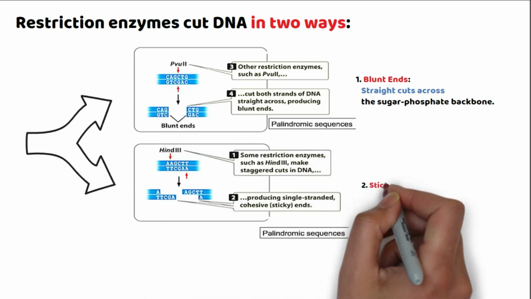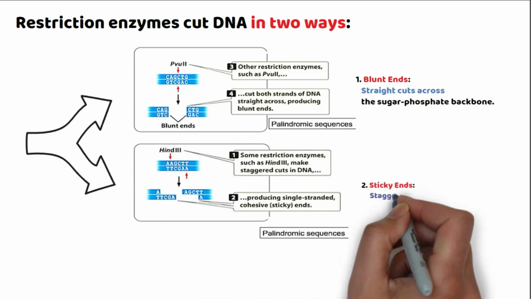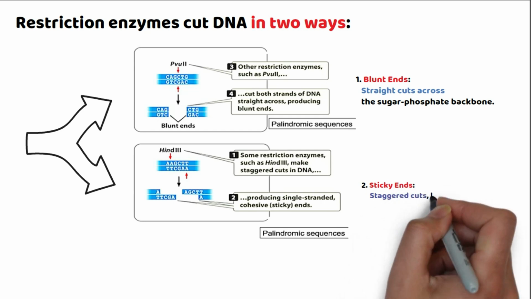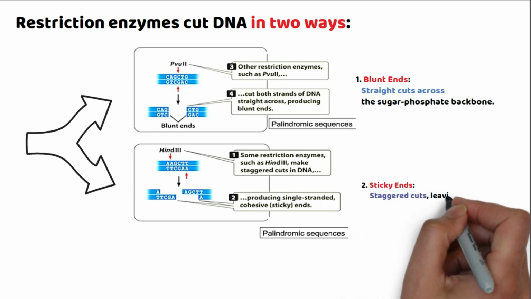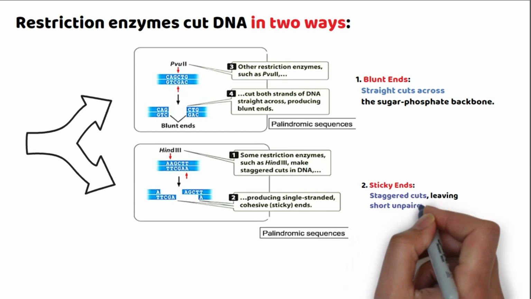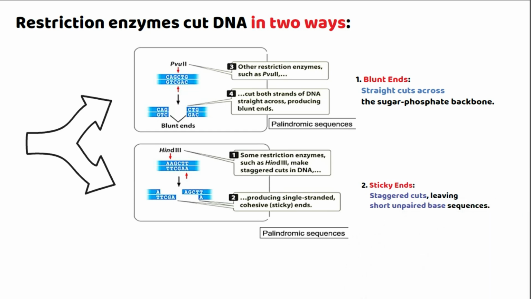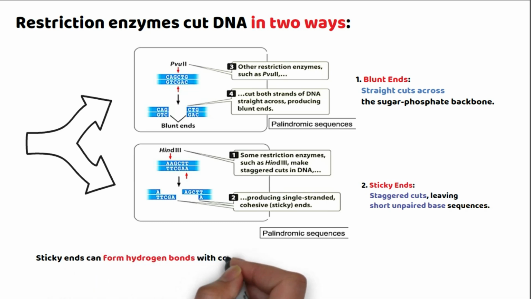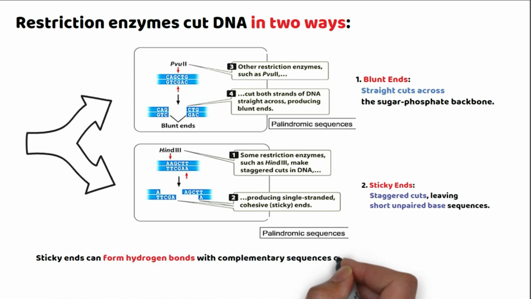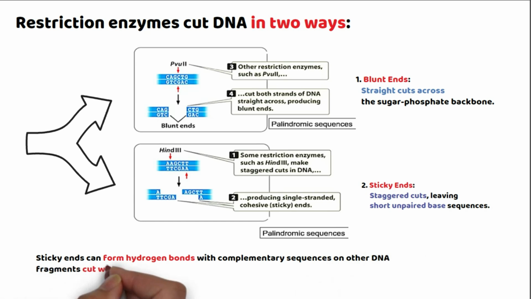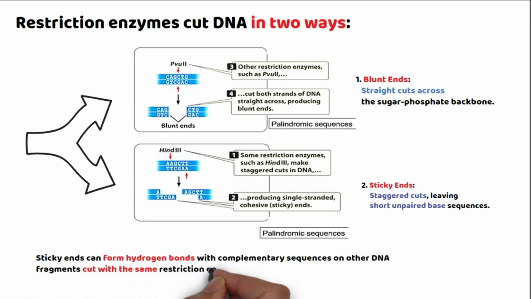The second way is by forming something called sticky ends. Sticky ends are staggered cuts, leaving short unpaired base sequences, single-stranded DNA, sticky adhesive ends. Sticky ends can form hydrogen bonds with complementary sequences on other DNA fragments cut with the same restriction enzyme.